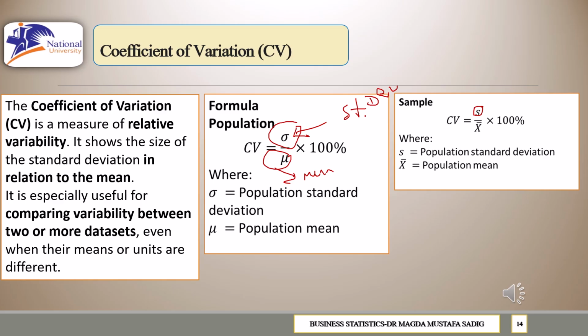So the coefficient of variation solves this problem by expressing variation as a percentage of the mean. Therefore, CV is especially useful when comparing different companies, different investments, different branches, data sets with different averages, and data sets that are measured in different units.